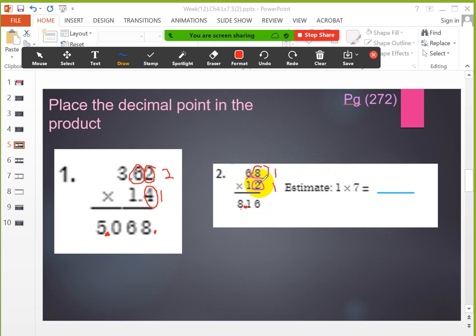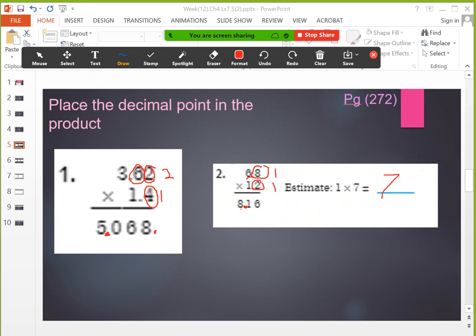After the ones I have 2. 2 is less than 5, that means I will keep the same number in the ones, which is 1, and the other digits will be 0. 1 multiplied by 7 equals 7. This is the estimate. Look, 7 is close to 8.16.